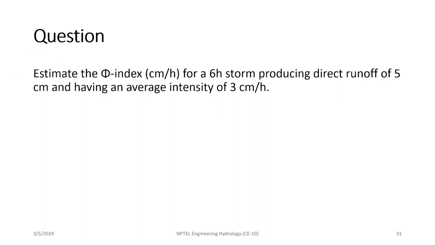Any problem? Okay, so here it is asking about the computation of phi index. So the phi index value we have to compute. For this case, it is saying that there is a direct runoff.